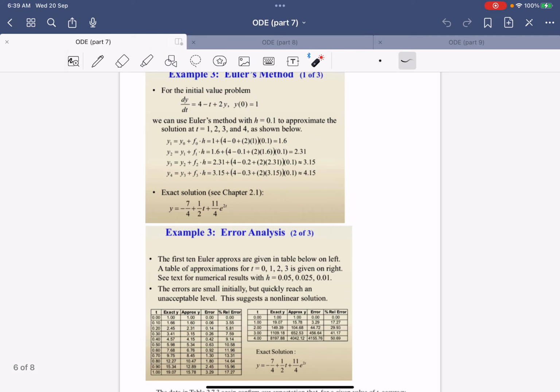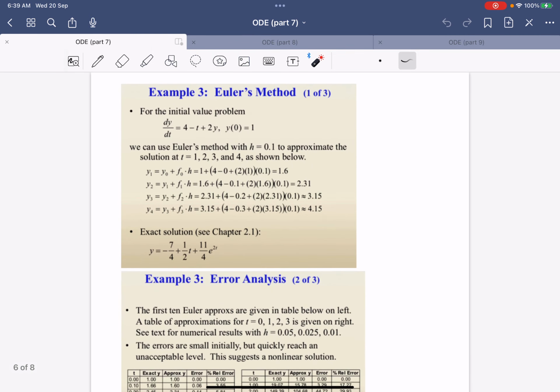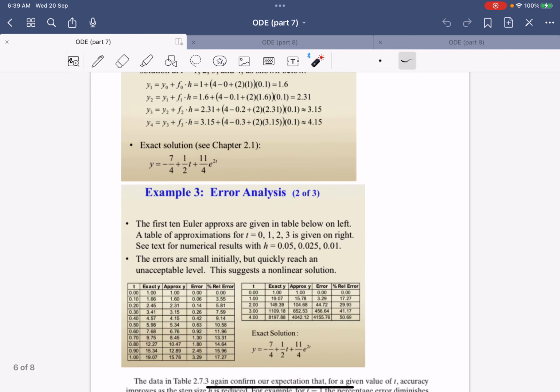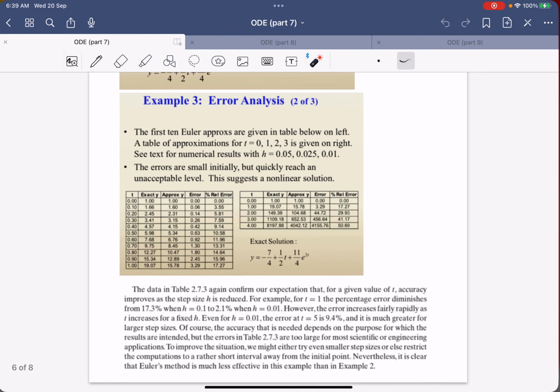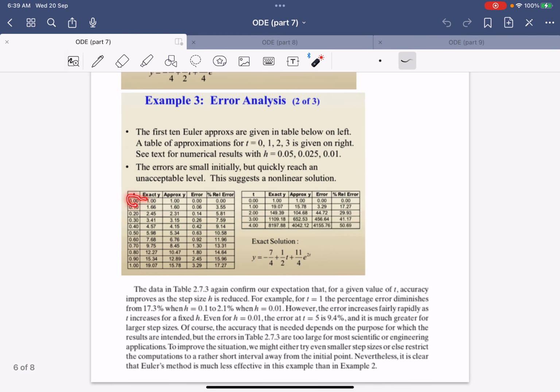Now we take a look at example 3, where this is the Euler's method approximation of the solution, and this is the exact solution found. What we notice again is that the error increases as you go further away from the initial point, and the accuracy also improves if your step size is reduced.